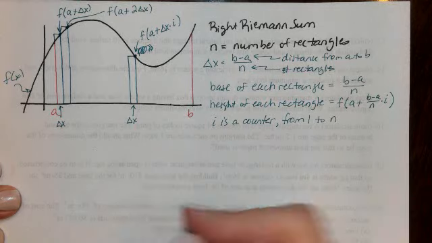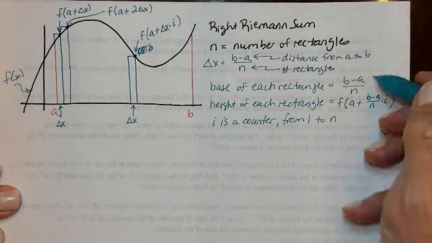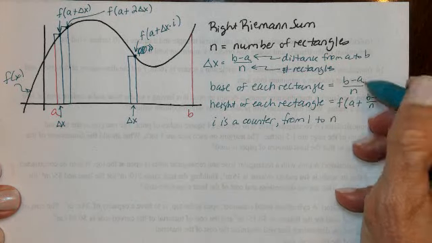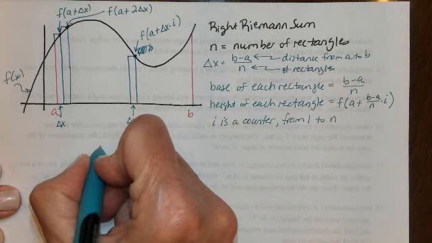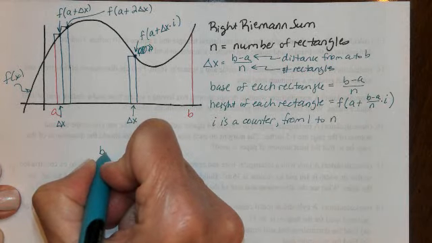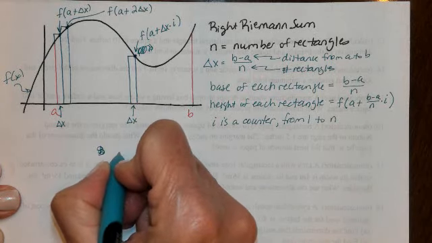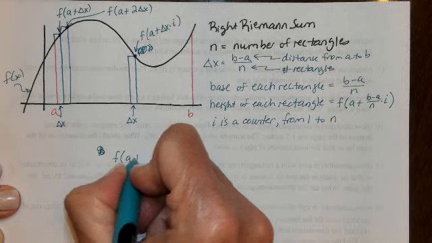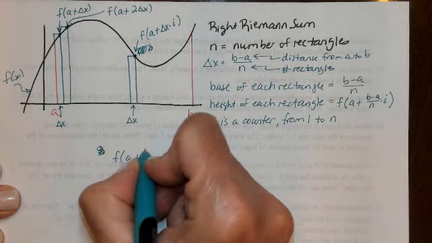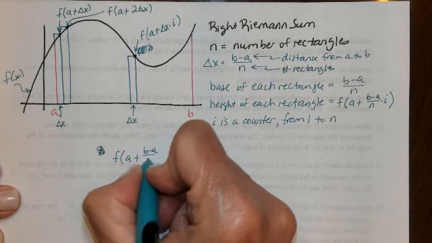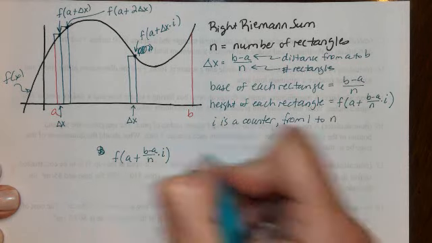So now the area of one rectangle. The area of one rectangle would be the base times the height, right? So the area of one rectangle is, I'm going to write the height first. So f of a plus, I'm copying this down, b minus a over n times i.